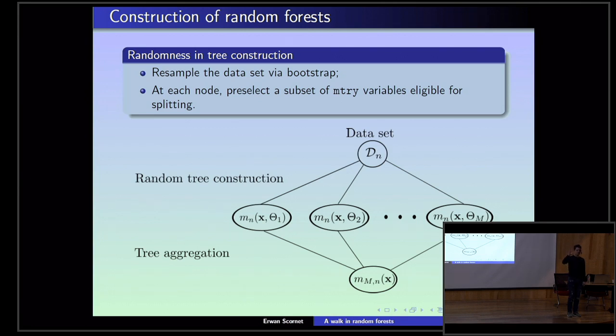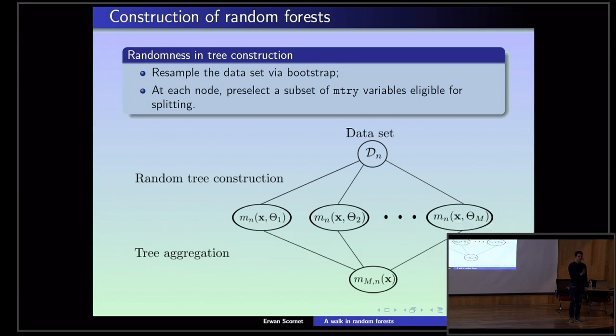From the n observations in the original dataset, I take exactly the same number of observations, but I allow an observation to be present many times in the new dataset. It's a way to subsample. You can think of many different ways, but this is the default in the procedure.